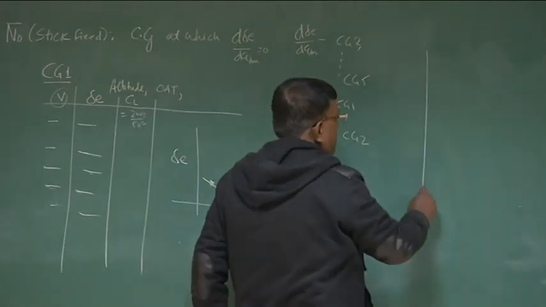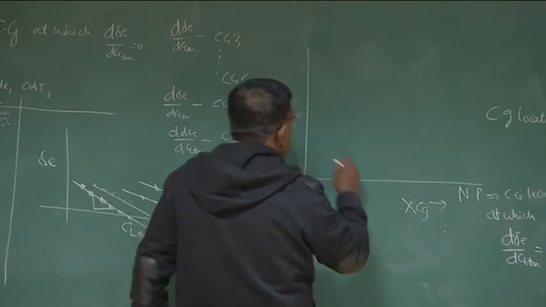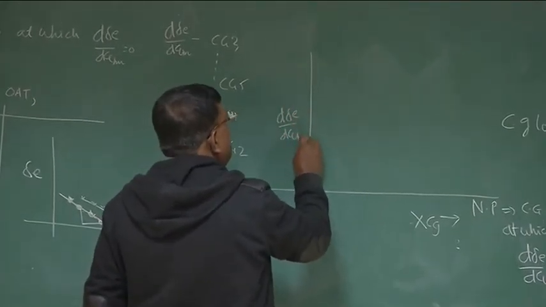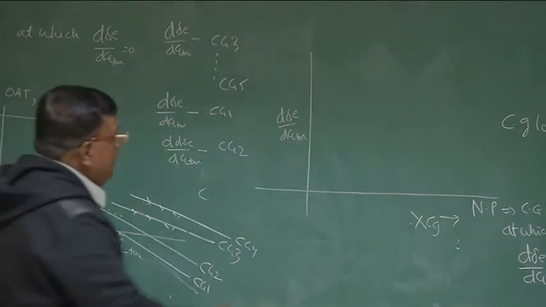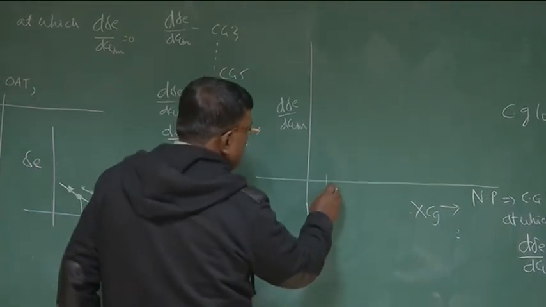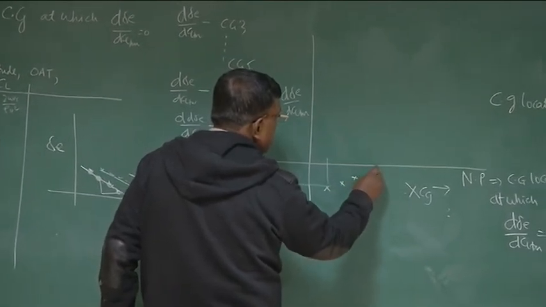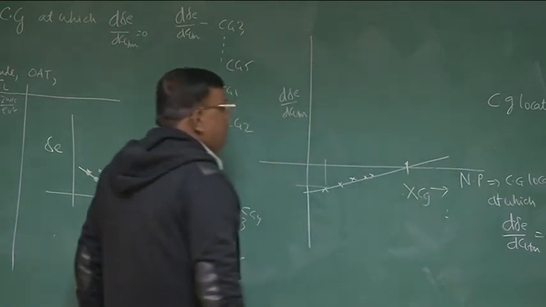Now you cross plot. Here you put xCG, here you put d delta E by dCL trim, which you have extracted from this graph. And now start plotting: for this CG location, CG1, what is this value? Somewhere here, some will come here, and draw them by a straight line. And this point is what?